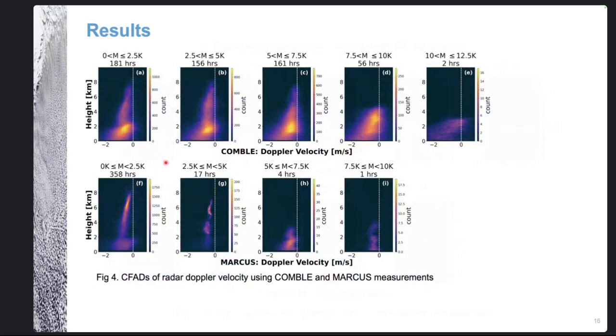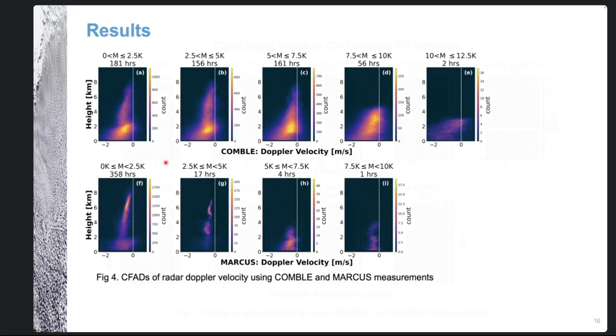And the next one shows the Doppler velocity ranges with the M index, using both COMBLE and MARCUS measurements. Both COMBLE and MARCUS have ground-based radar. When the Doppler velocity is positive, the object is moving away from the radar.